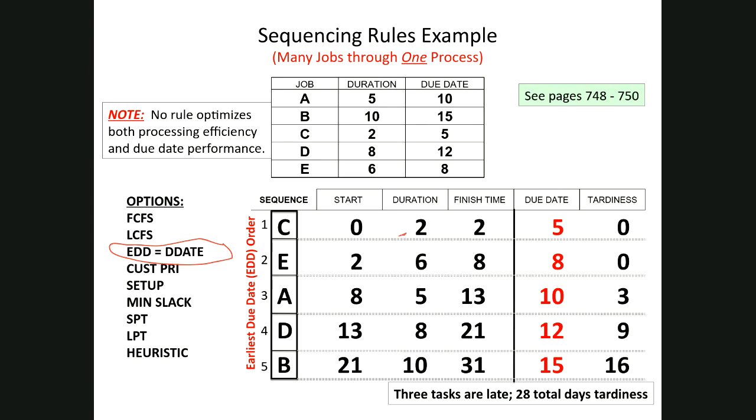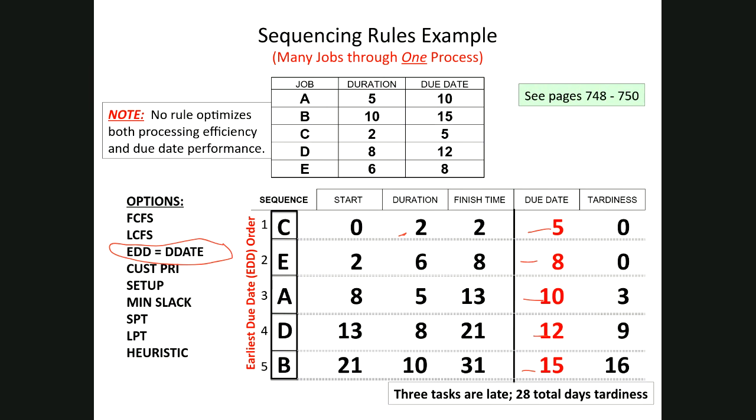I apologize, it's not by their duration. We've listed them by their due dates, even though that happens to also correspond to the shortest processing time. But the due dates for C, as you can see, 5, 8, then 10, then 12, and then 15. So that's the earliest due date.